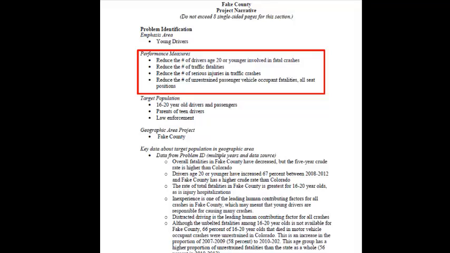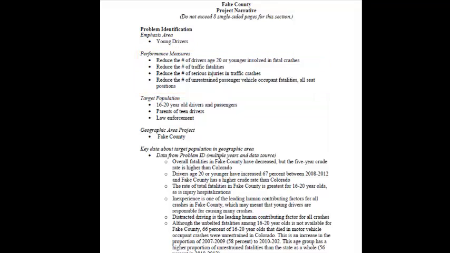And we had included that we might reduce the number of unrestrained passenger vehicle occupant fatalities because in our program, maybe we will focus on restraint. So our target population is 16 to 20-year-old drivers and passengers in Fake County.